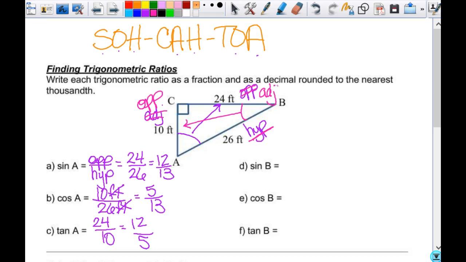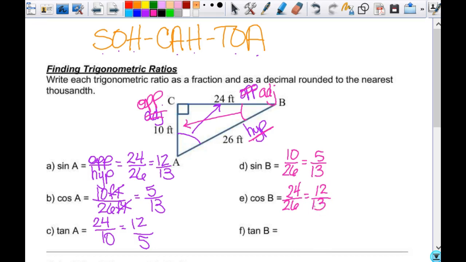Sine is opposite over hypotenuse, so that is 10 over 26. And that reduces to 5 over 13. Cosine is adjacent over hypotenuse, so that is 24 over 26. And that is 12 over 13.